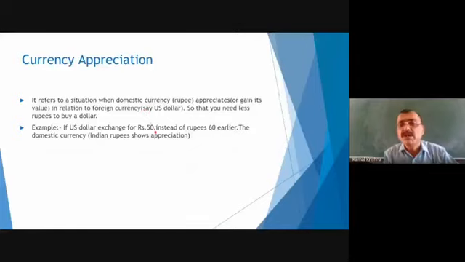As I told you earlier, the value of the Indian currency has gained from 60 to 50. It means that the rupee has become stronger than earlier. It means the Indian rupee shows appreciation now, when the demand for foreign exchange falls. So this is the currency appreciation.